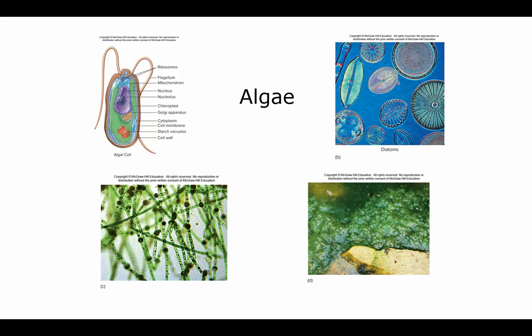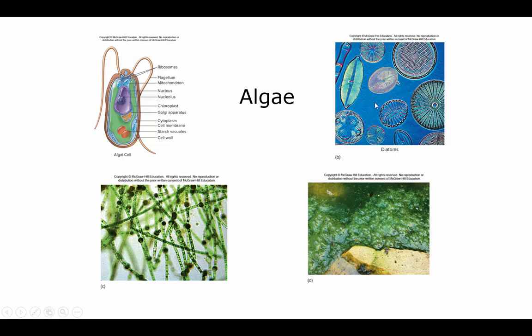These are different types of algae. You can see the algal cell up here at the top. It does have the flagellum, and it's got a cell wall, and of course you see all the organelles here. This is the filamentous algae down at the bottom.